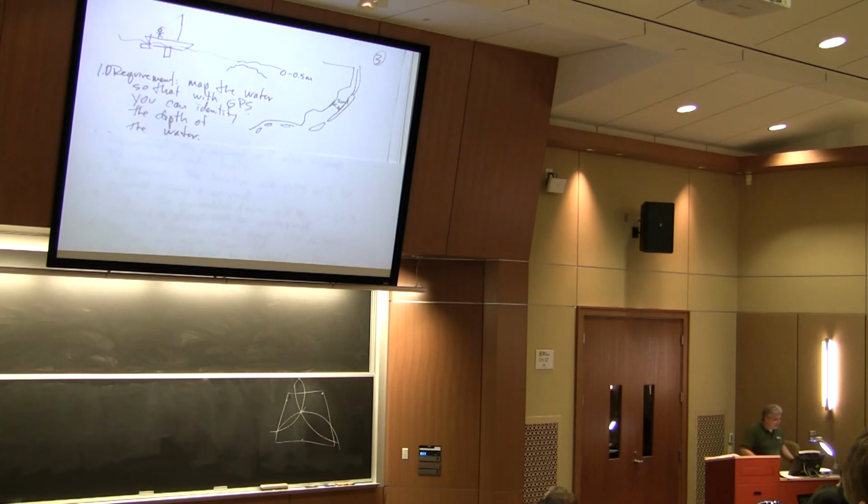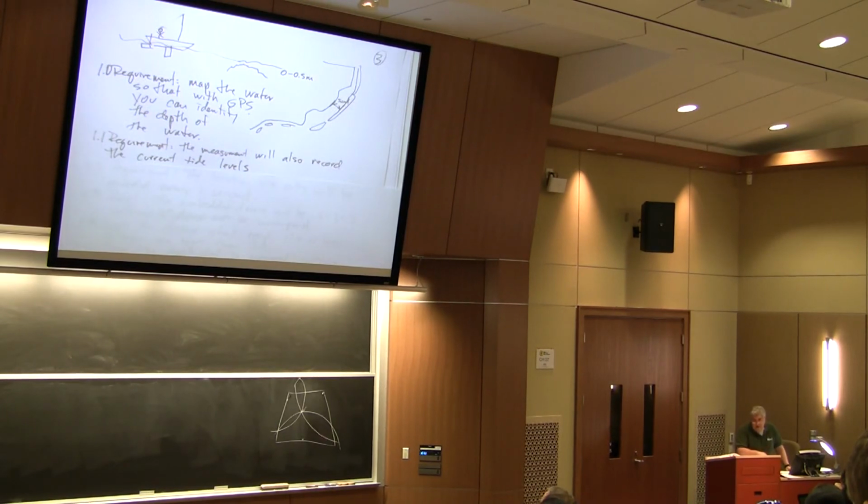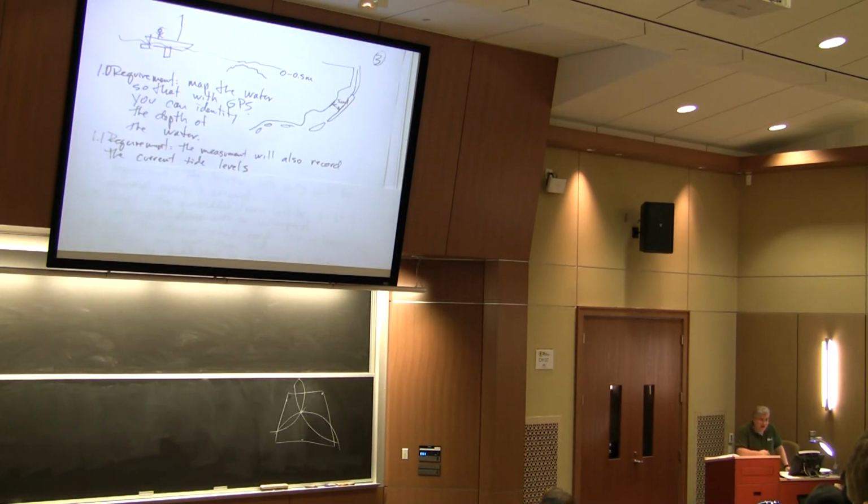So let's identify some other requirements. I will write one of my requirements like this: map the water so that with GPS you can identify the depth of the water. And then you would have to add other things, like the measurement will also record the current tide levels. So it would be good if I'm measuring at high tide that I actually recognize that I am half a meter or an entire meter above normal sea level.